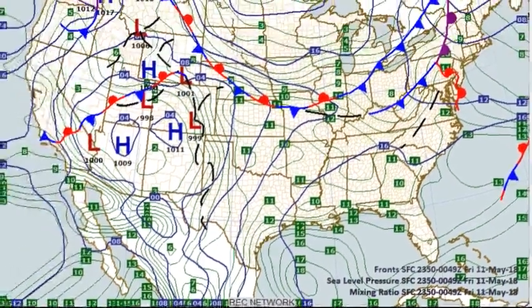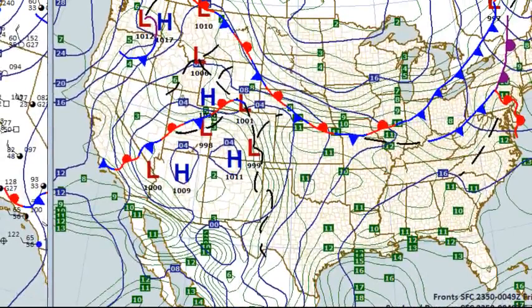So on to the synoptic pattern. There's what the national map looks like, and I've overlaid the mixing ratio in green, and that's basically the moisture. So there are the higher values out there in the Gulf of Mexico. Also some higher values starting to show up in the lower plains around Wichita, Tulsa, Oklahoma City, and Dallas.